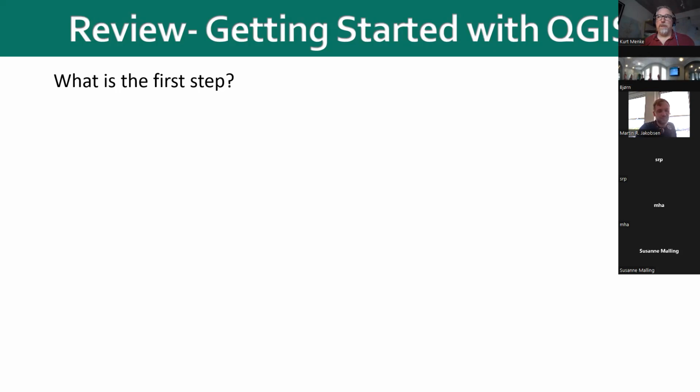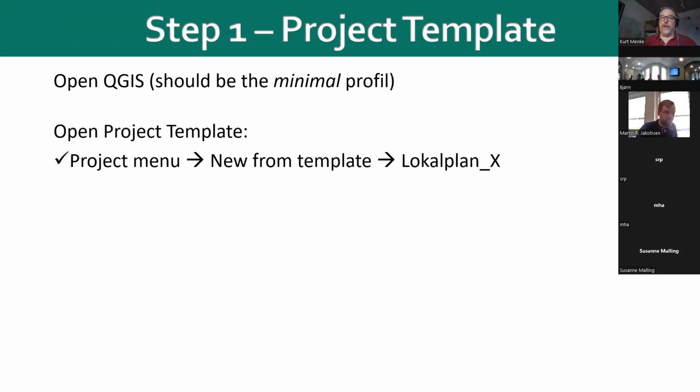Yes, open from template. So you have project templates. So the next step would be going to the project menu, and on the project menu, you'll see new from template. And so, for example, today you can open Lokalplan X as your project template, which will already then have layers loaded into it.